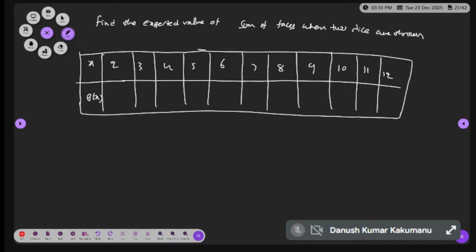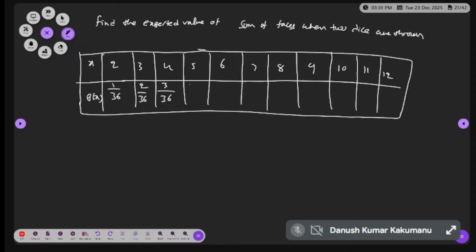What is the probability of the sum 2? How many events are favorable to sum 2? 1, that is (1,1). This is 1 by 36. How many for sum 3? 2: (1,2), (2,1). 2 by 36. For 4, how many? 3 by 36.